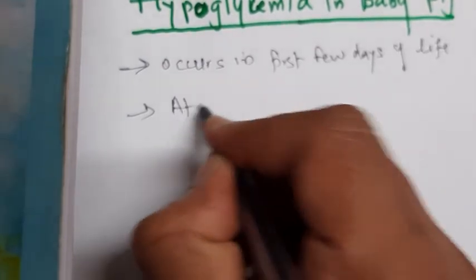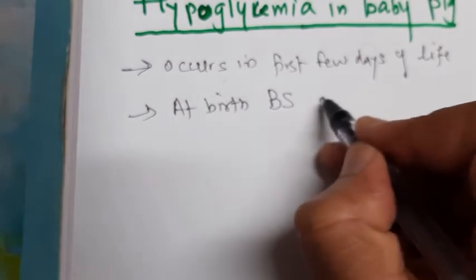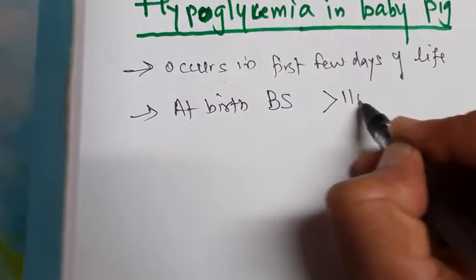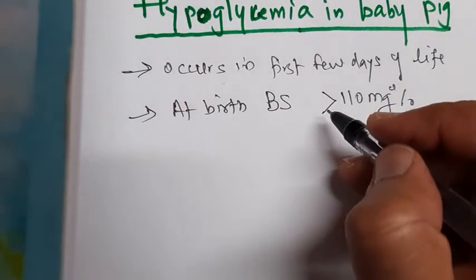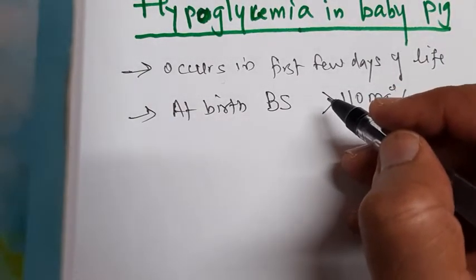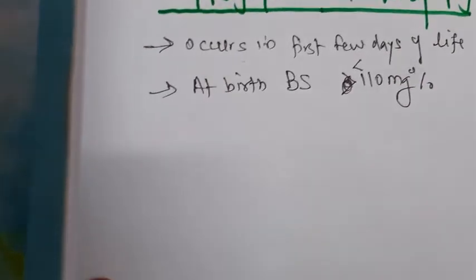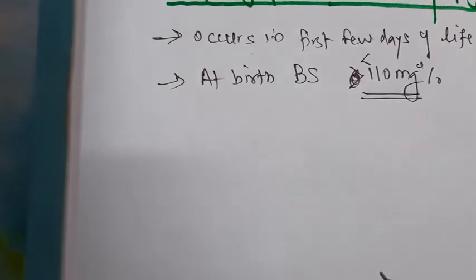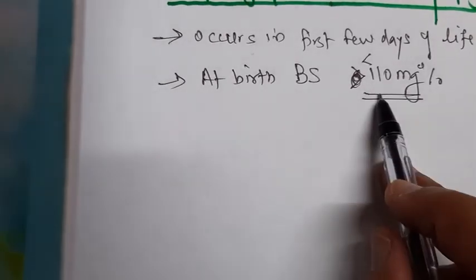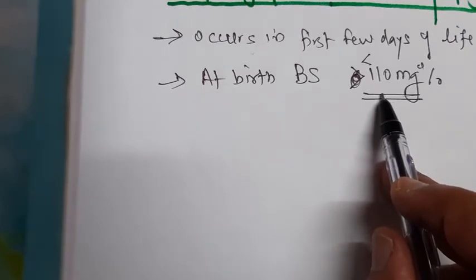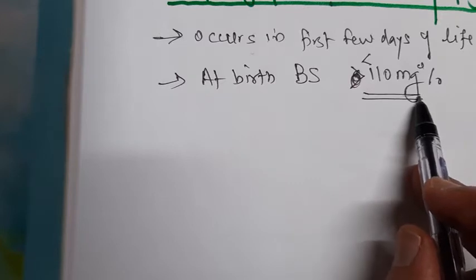At birth, blood sugar in pigs is less than 110 milligram percent. Because of this, there is already a low blood sugar level in case of baby pig.